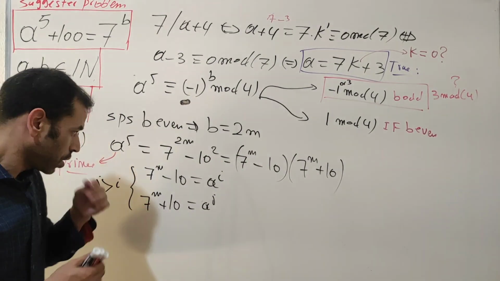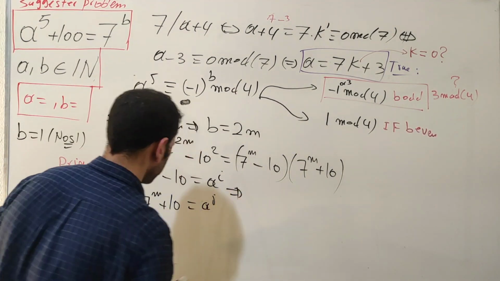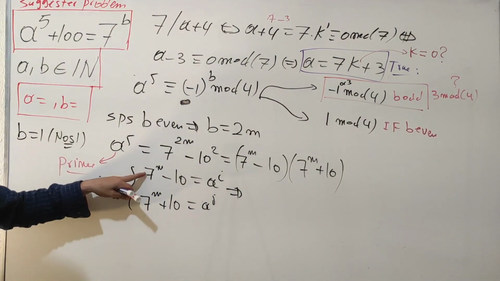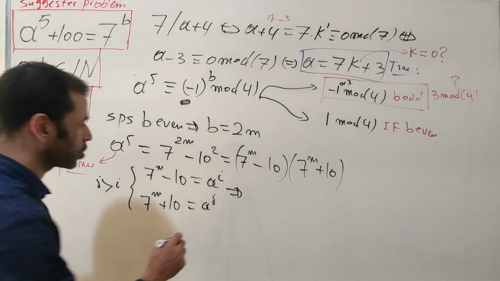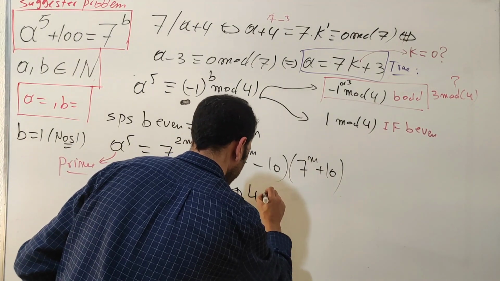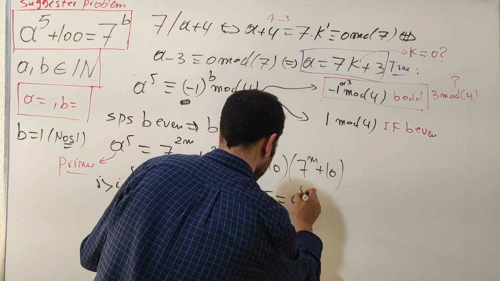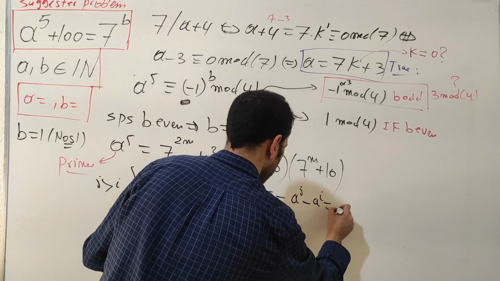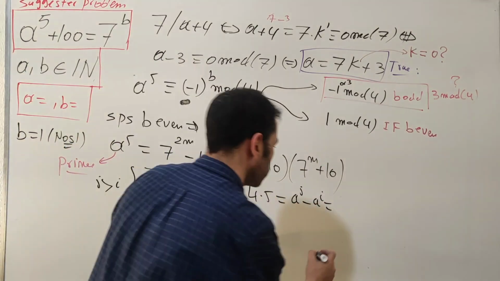Okay, so solving this system is more simple. Making this equation minus this equation, the 7 to the m will be cancelled out, and I will be left with 2 times 10. 20 is the same as 4 multiplied by 5, which equals e to the j minus e to the i. Let's make e to the i a common factor, since e to the i is smaller than e to the j.